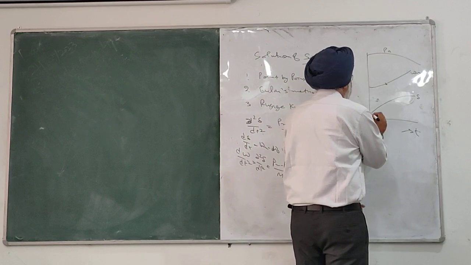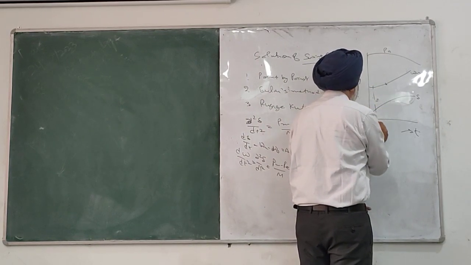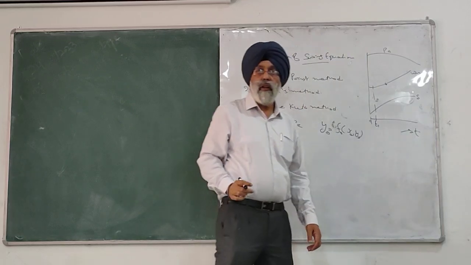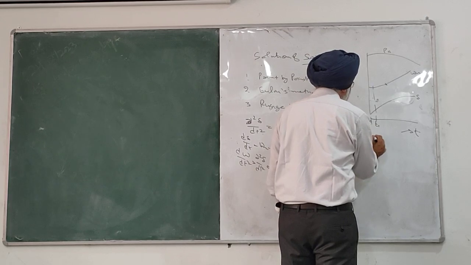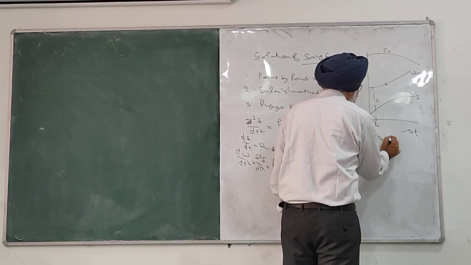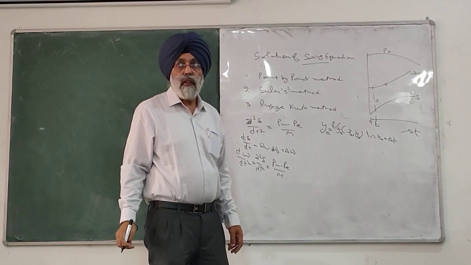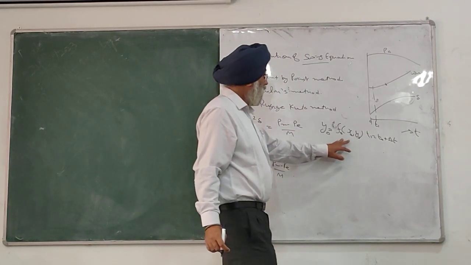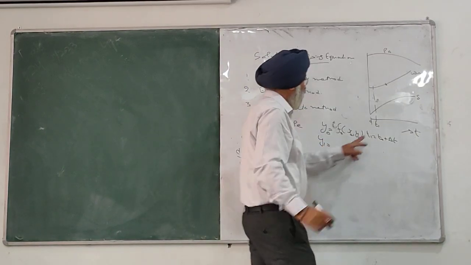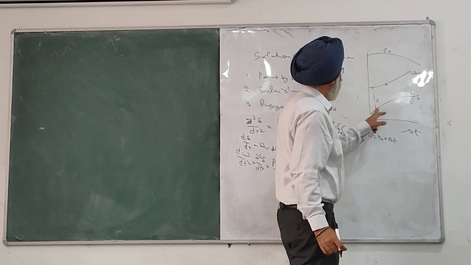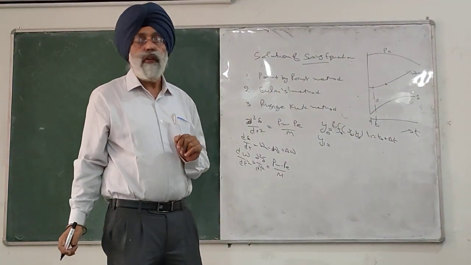Let us suppose this is t equal to 0. Then after the first interval, t1, so t1 is equal to t0 plus delta t. So we have to find y1, that is, at t1, what is the value of y1?